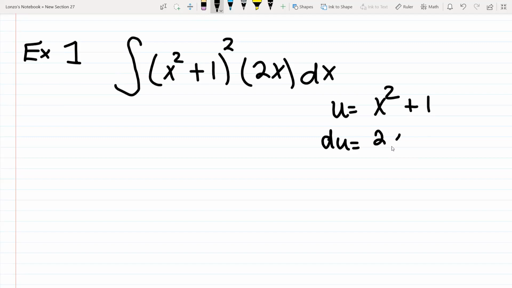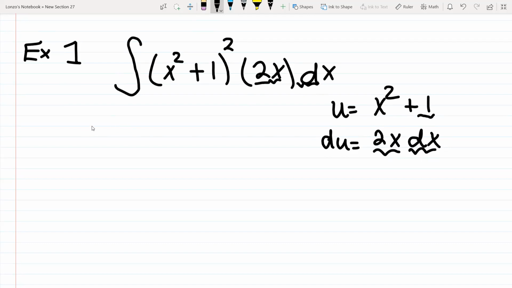It's simple power rule, 2x. What's the derivative of 1, or a constant? It's 0, and then you add a dx. Now, the reason why this works is because you do have a 2x and a dx in your problem. Yes, we do. We have it here. So that's why it would work.